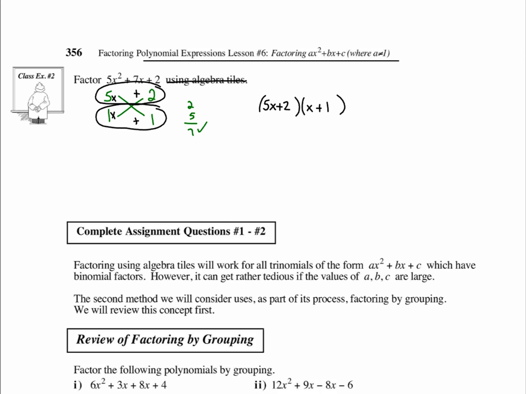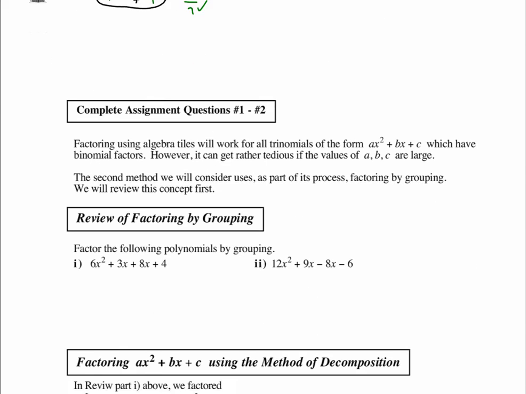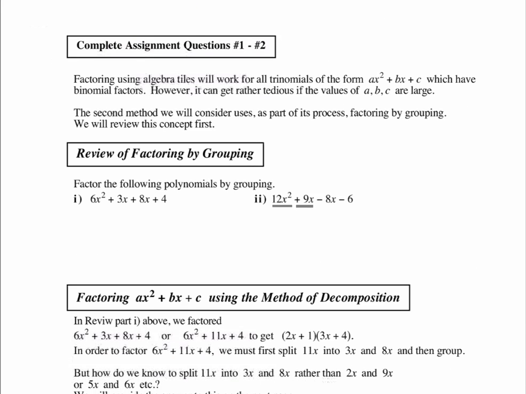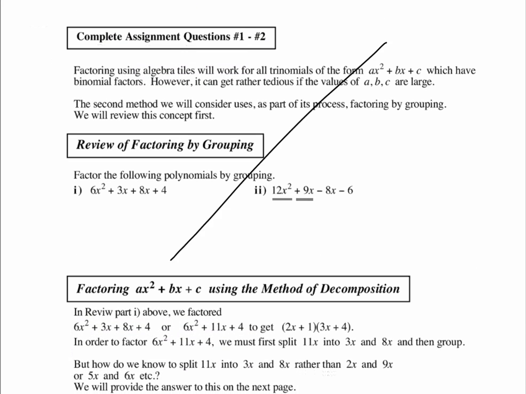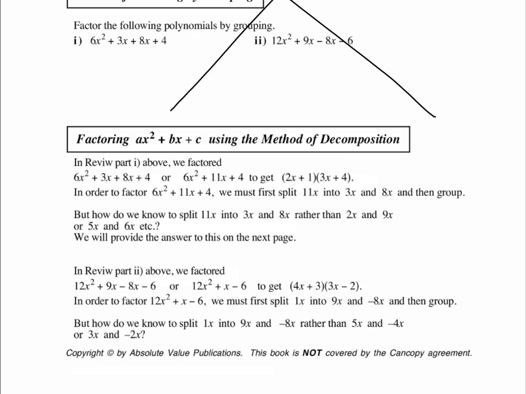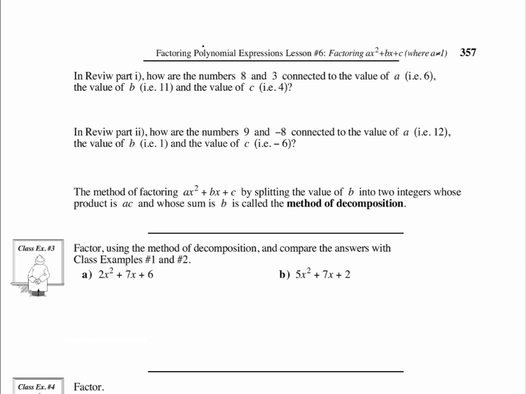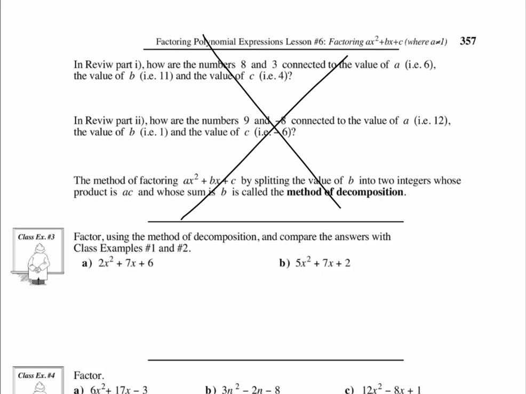Okay? Now we're not going to factor by grouping. So we can skip all of this. We're just going to keep the same method every time. We're also not factoring by decomp, which used to be how I used to teach this. You're more likely to make a mistake. Okay.